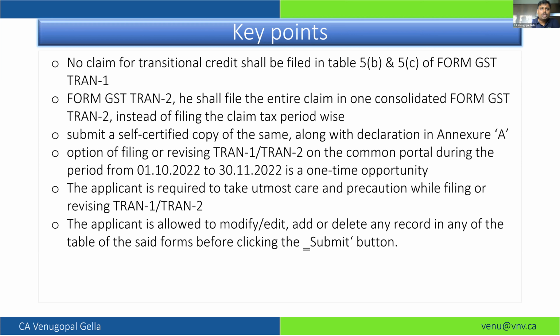Each month you were supposed to file, and the Tran 2 due date was till March of 18. Now the government said, all those 6 Tran 2, file it only once. Your last tax period where you made the sales, you report that, that is sufficient. After that, a self-certified copy in declaration Annexure A is to be filed.